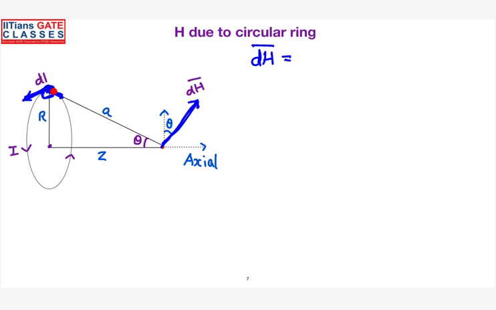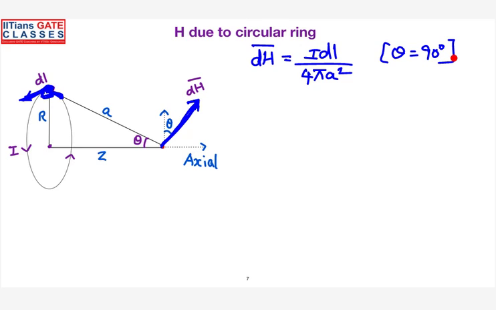So can you tell me? IDL by 4 pi a square. Very good. Basically, the classical equation is IDL sine theta by 4 pi a square. But here, when your current element and the radius vector are perpendicular, the differential magnetic field, whatever I have shown here in this direction, will be IDL by 4 pi a square because your theta will be 90.